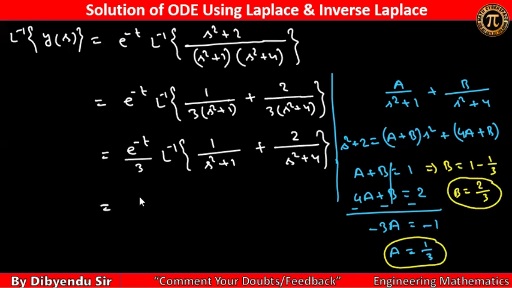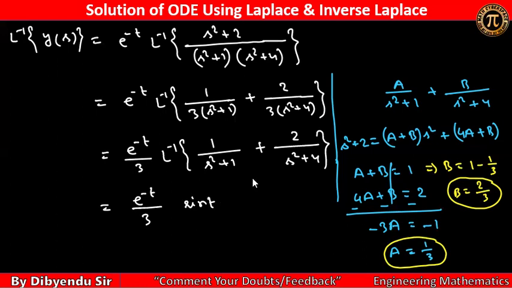So from here you are getting e to the power minus t divided by 3. Now Laplace inverse of 1 by s square plus 1, this is sine t.